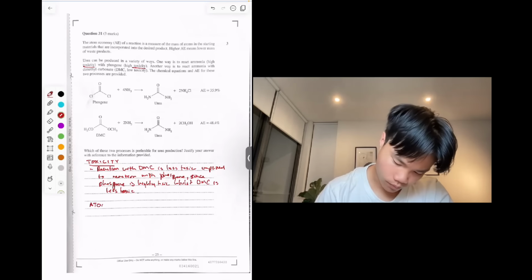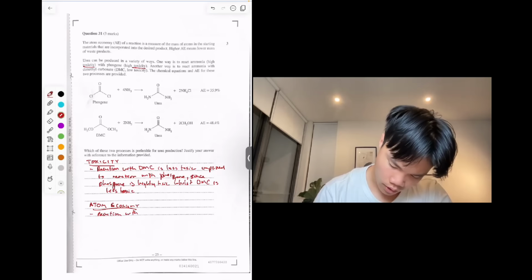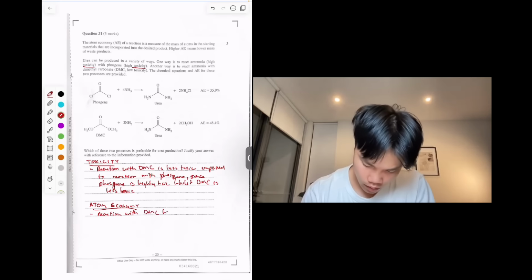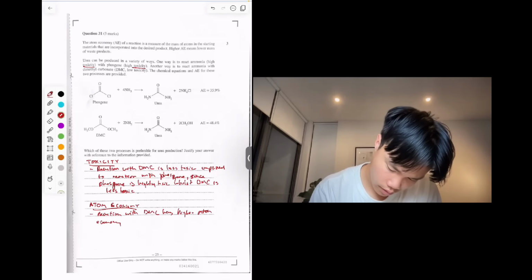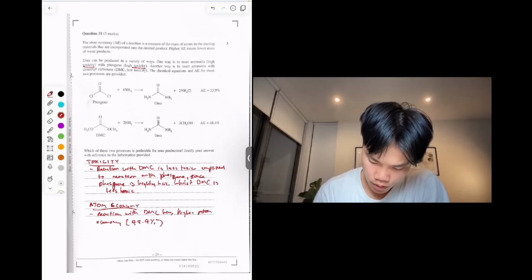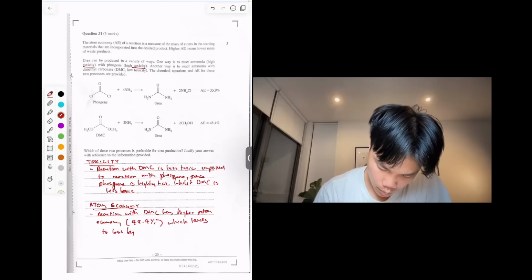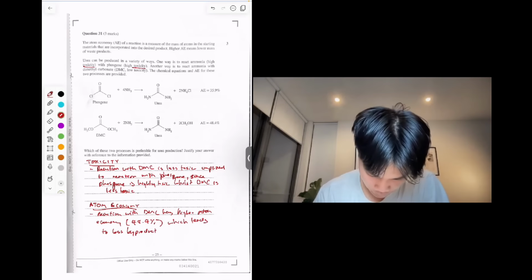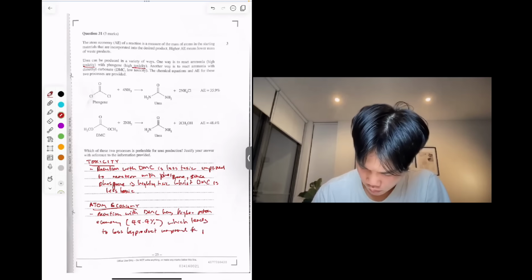And then atom economy. Reaction with DMC has higher atom economy, 48.4%, and just quote numbers from the question, 48.4%, which leads to less byproduct compared to phosgene.